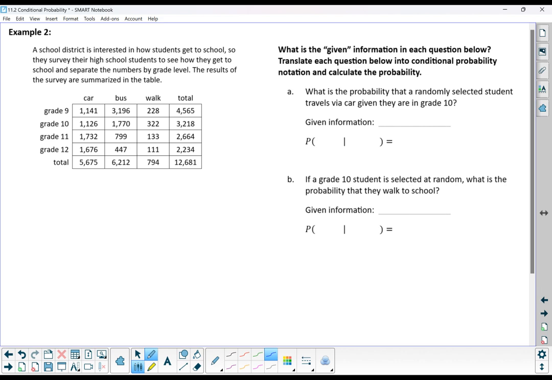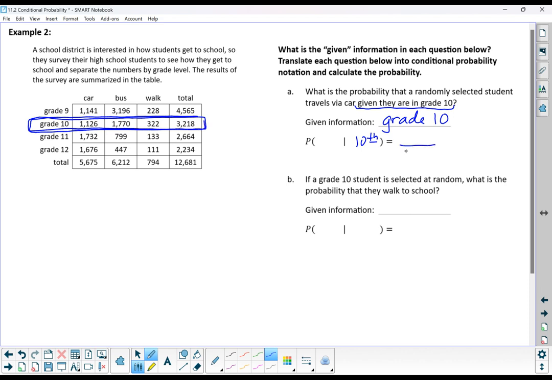So the first one, what is the probability that a randomly selected student travels via car given that they are in 10th grade? So this one, the wording is really friendly. It literally says given, so it's a little bit less difficult to identify. So the given information is that they're in grade 10. We know that they're a 10th grader. So that tells us which subgroup we are focused on.